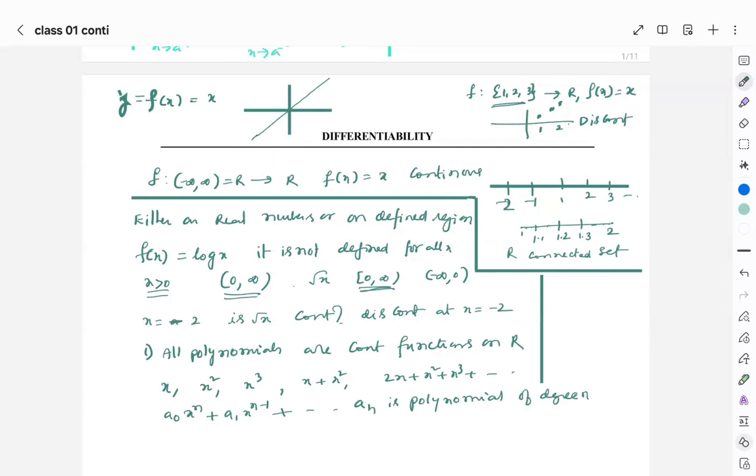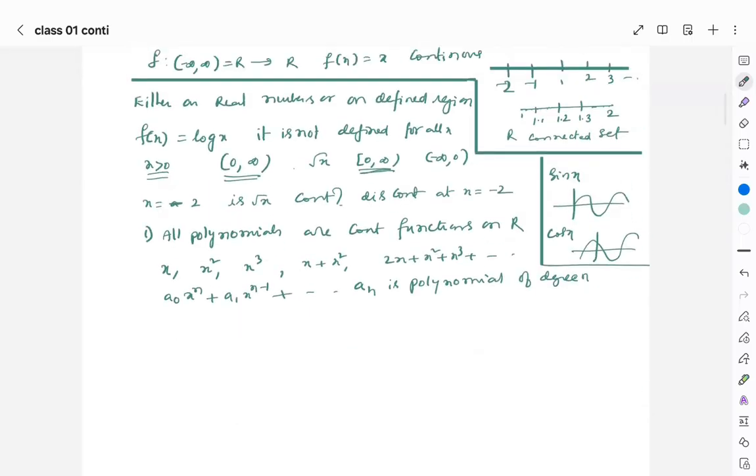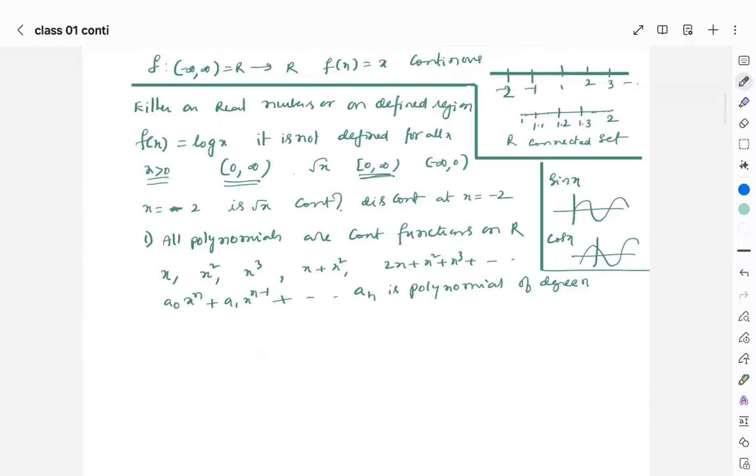Other continuous functions we have are sin x, you take the graph like this, and cos x is also continuous. So other than polynomial, sin x and cos x, are there any continuous functions throughout the real line? Yes.